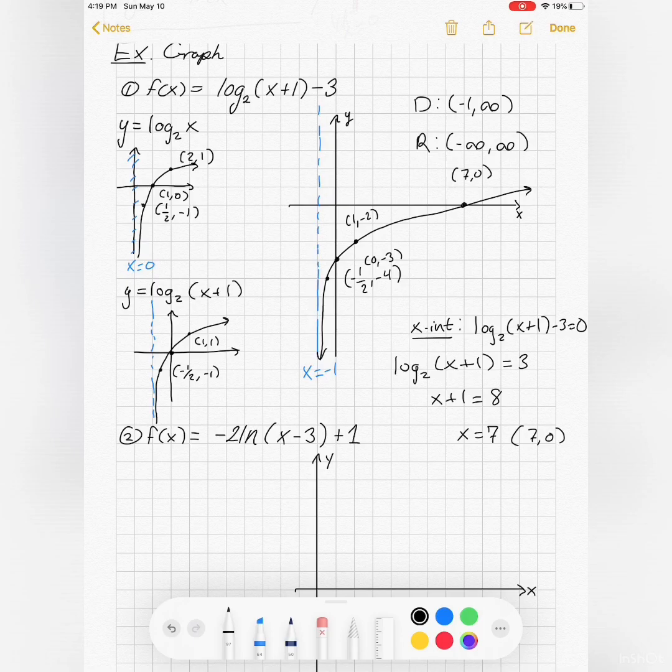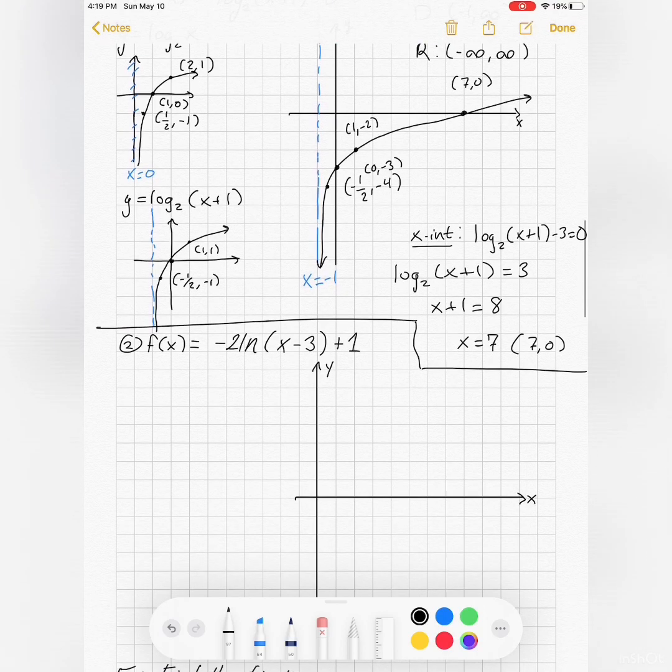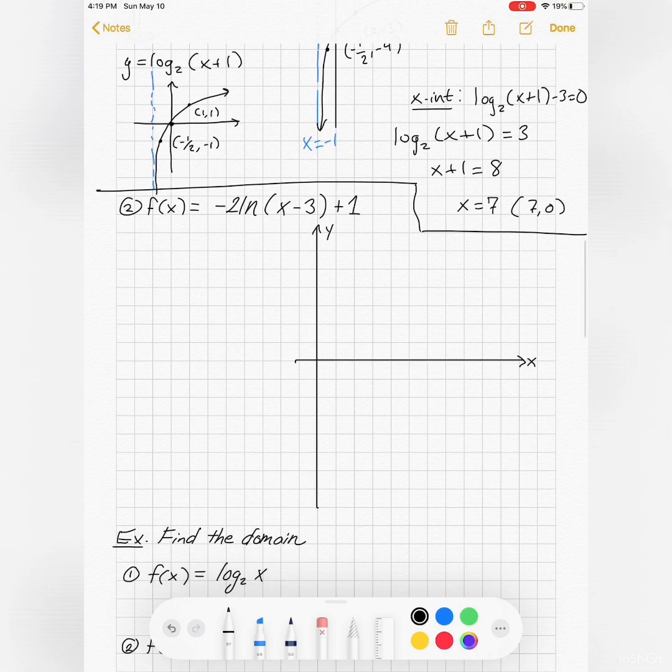Okay, should I try another one? Let's try number 2.